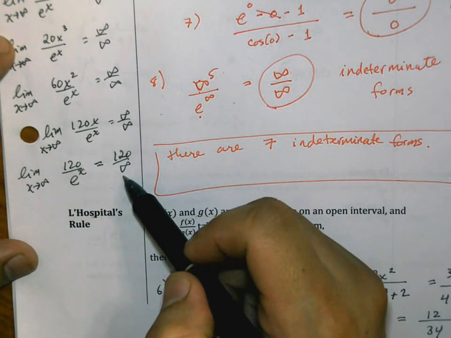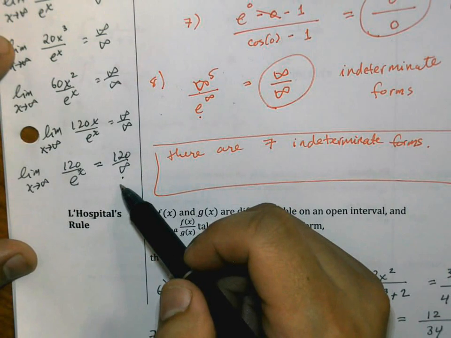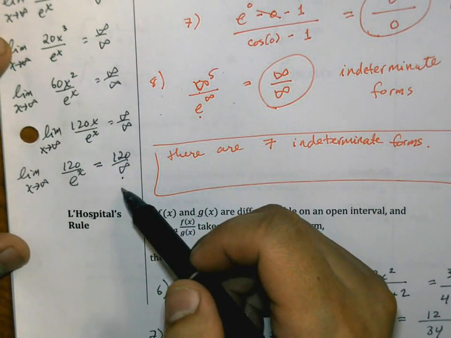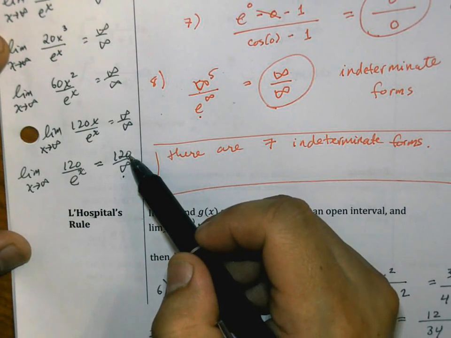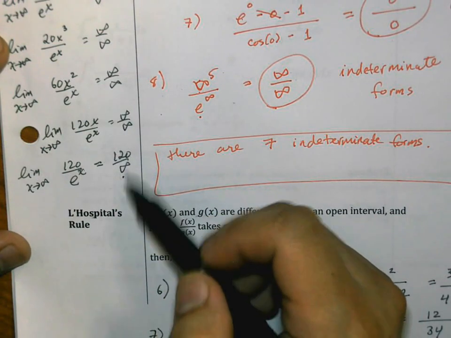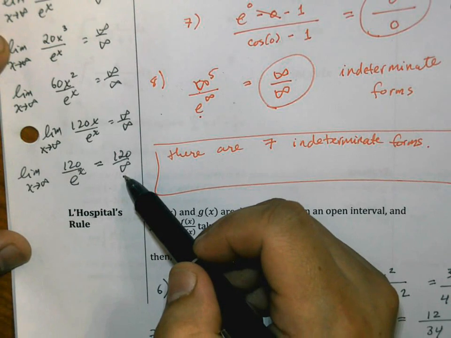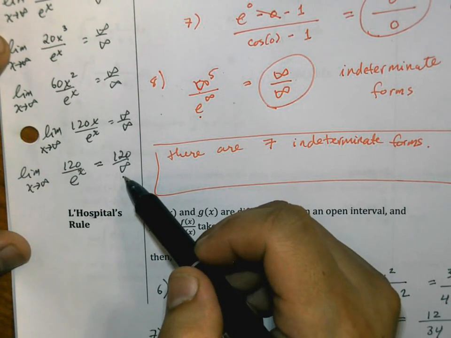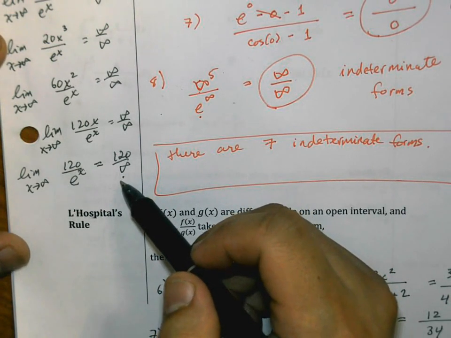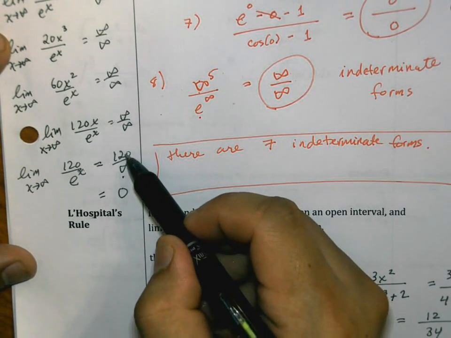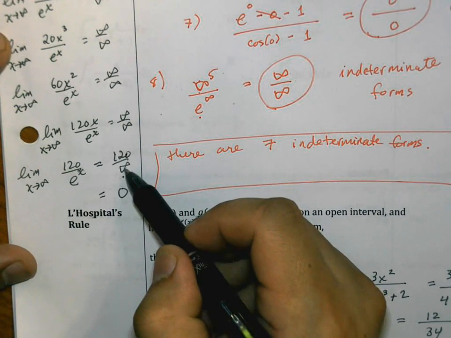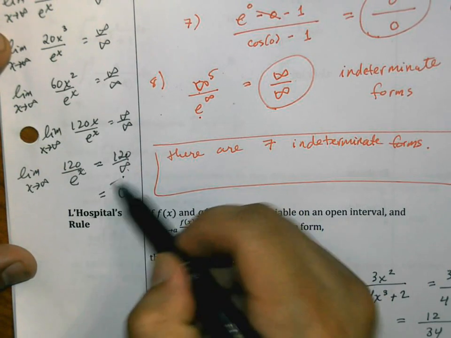Again, this is not correct arithmetic, but it's good for us to help understand that you have a constant, a term that's always the same, over a very, very large number. So this limit is going to approach 0 in the long run, because you have a finite number divided by a very, very large growing number.